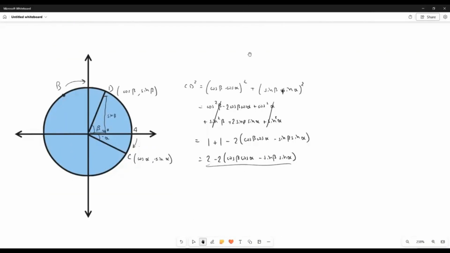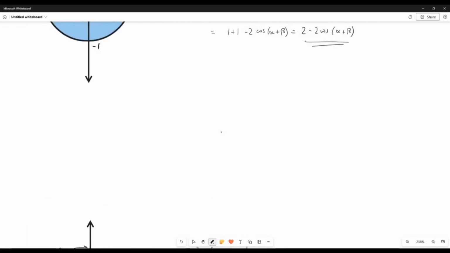Since the points C and D are obtained by rotating 2 points, the angles between them stay the same, meaning that the lengths of CD and AB are the exact same. We can therefore set them equal to each other and simplify the expression.